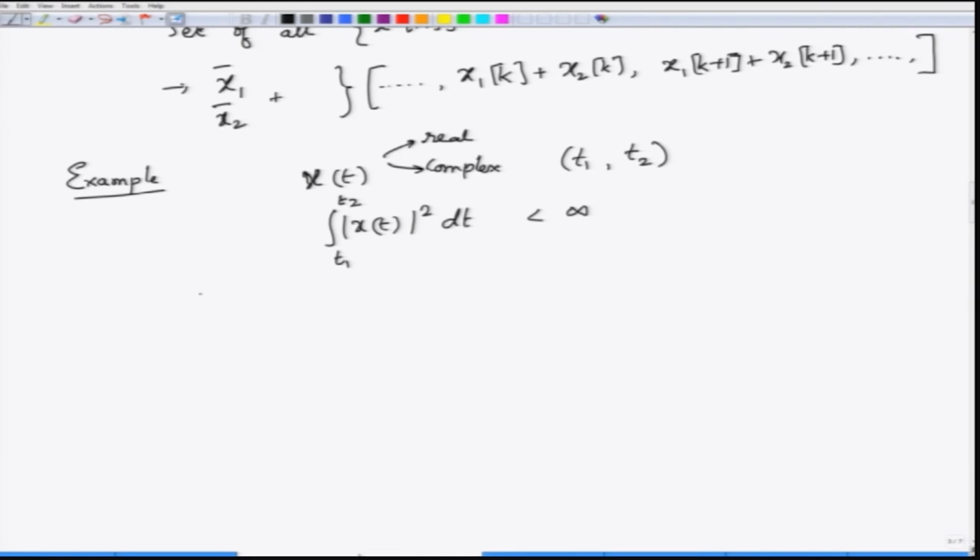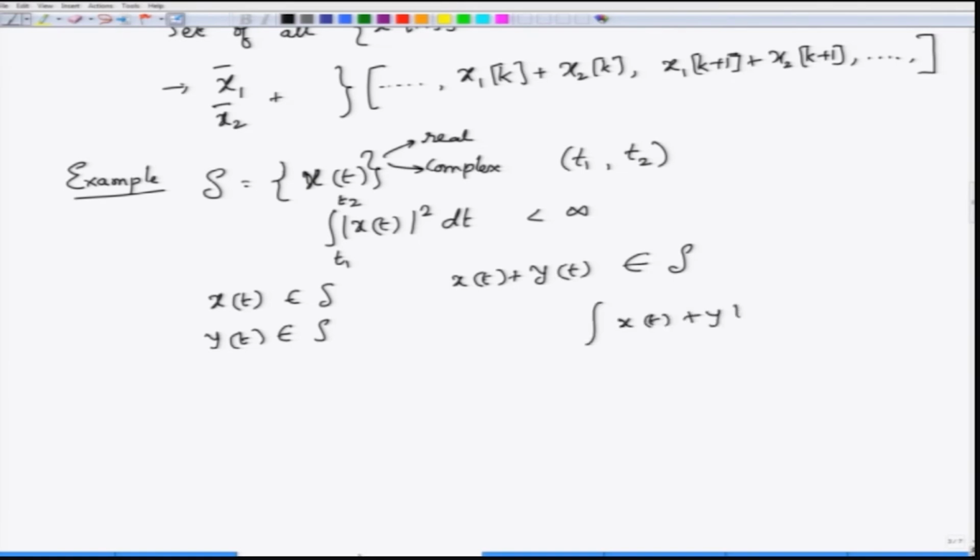So, in this case, will this set of x of t signals, which all satisfy this particular criterion, form a vector space? Yes, because, call this set S, if x of t belongs to S and y of t belongs to S, then their addition x of t plus y of t must belong to the same set S, correct, because even this x of t plus y of t signal will satisfy this particular criterion, right.